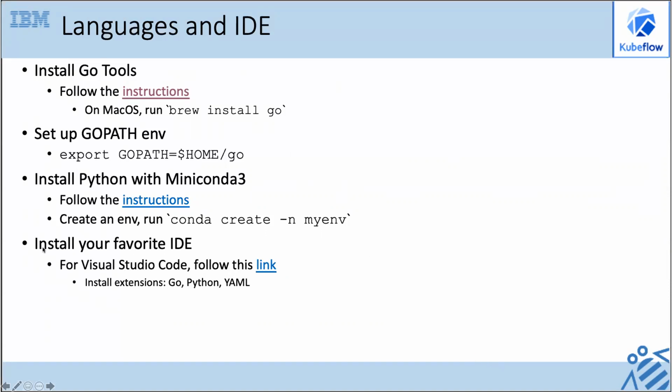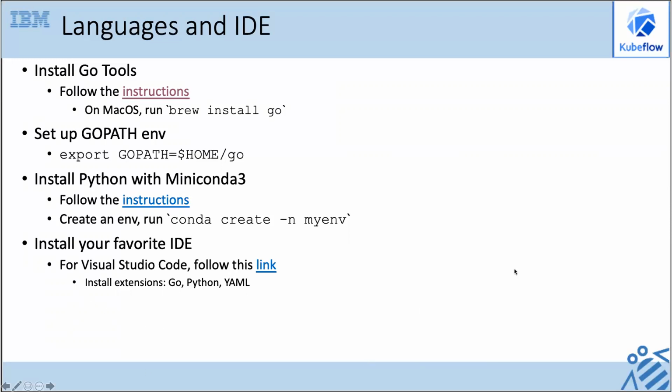Now, the final thing is to install your favorite IDE, right? As I said, there are many IDEs you can use. For example, IntelliJ is most famous for Java, Scala, and so on, and PyCharm maybe for Python.